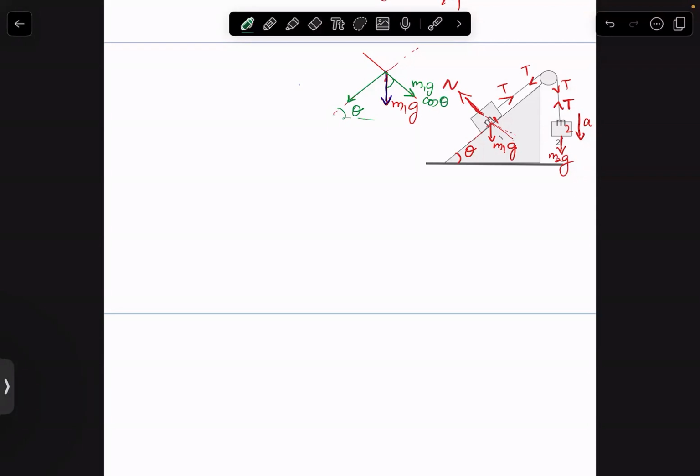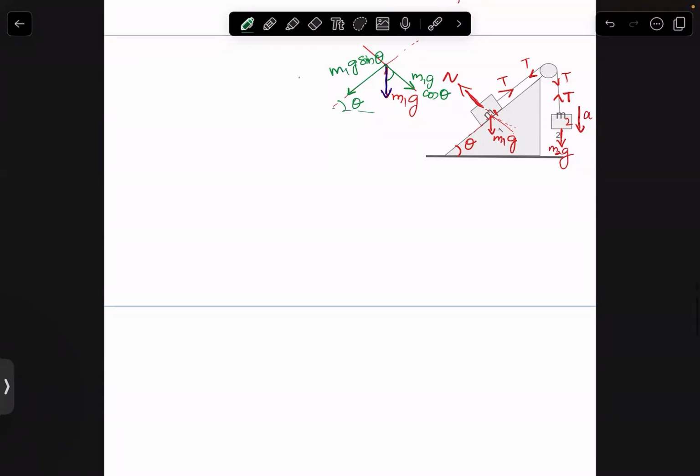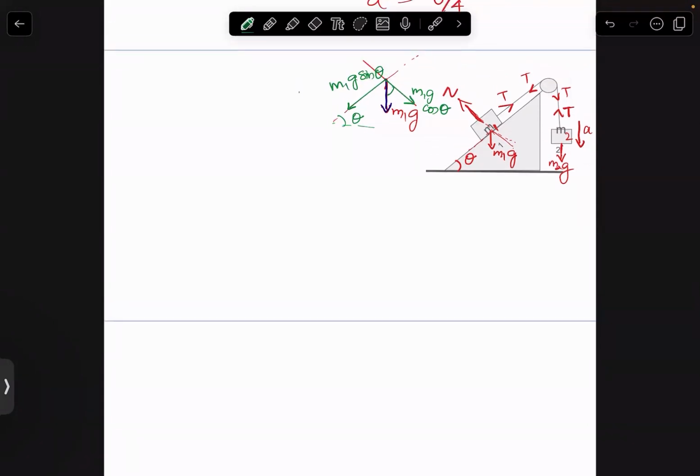This is theta, and this is m1g sine theta. Now you need to draw these components over here. So this is m1g sine theta, and this is m1.